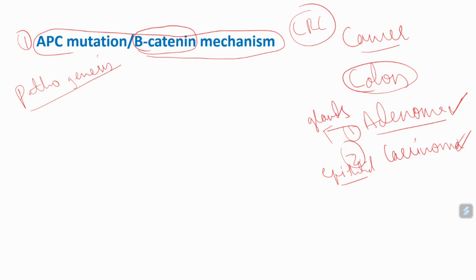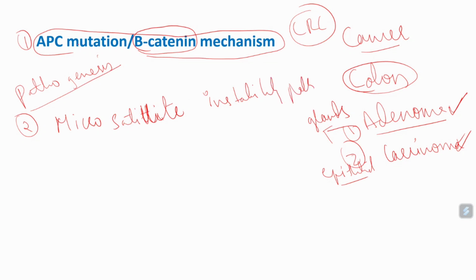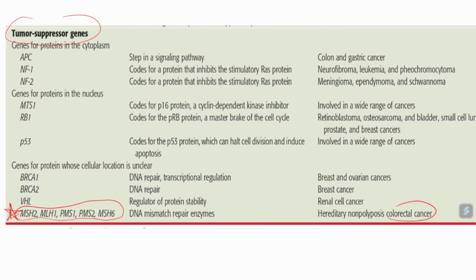And the second very, very important mechanism is the microsatellite instability pathway. These two are very important pathways through which a patient develops colon cancer. Now I will try to explain APC mutation. See, APC gene is a tumor suppressor gene.